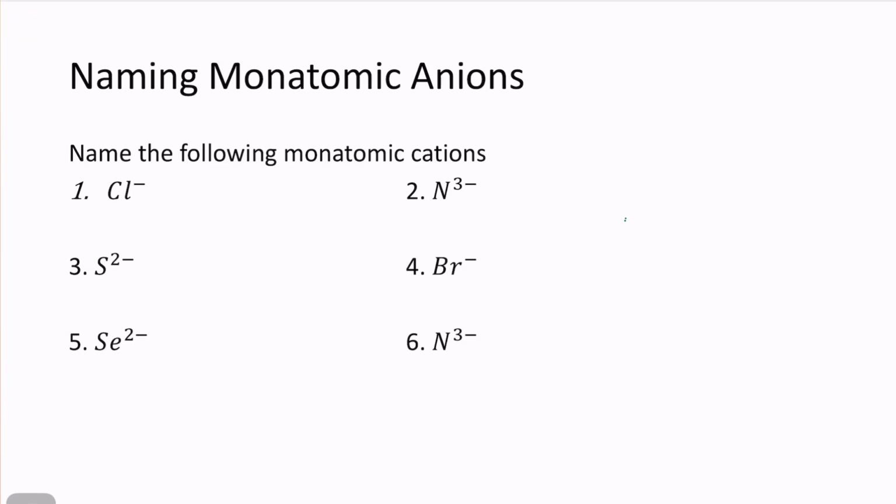In this video, we are going to talk about naming monatomic anions. When you're naming monatomic anions, you're going to take the nonmetal name, because all of our monatomic anions are made of nonmetals.